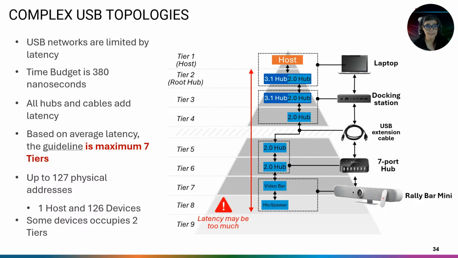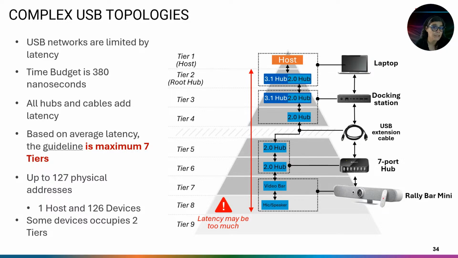So basically, the other thing to think about is, again, these USB networks are limited by latency, and they have a time budget of 380 nanoseconds, and that's what's causing that whole latency issue. So you cannot go over 7 tiers, and you can technically have up to 126 devices in your pyramid.